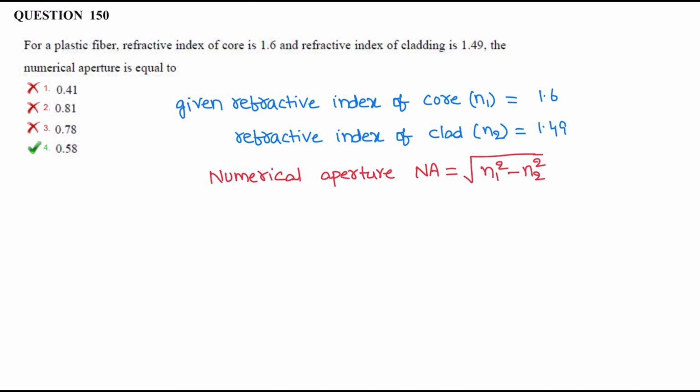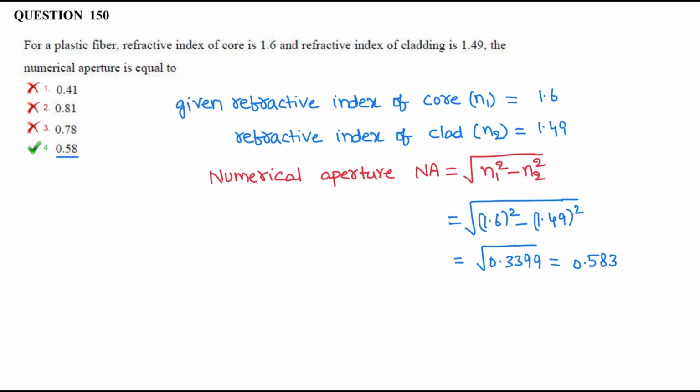This is the formula. Substituting the values, under root of 1.6 whole square minus 1.49 whole square, its value is under root of 0.3399, that is 0.583. Correct answer is option 4, 0.58.